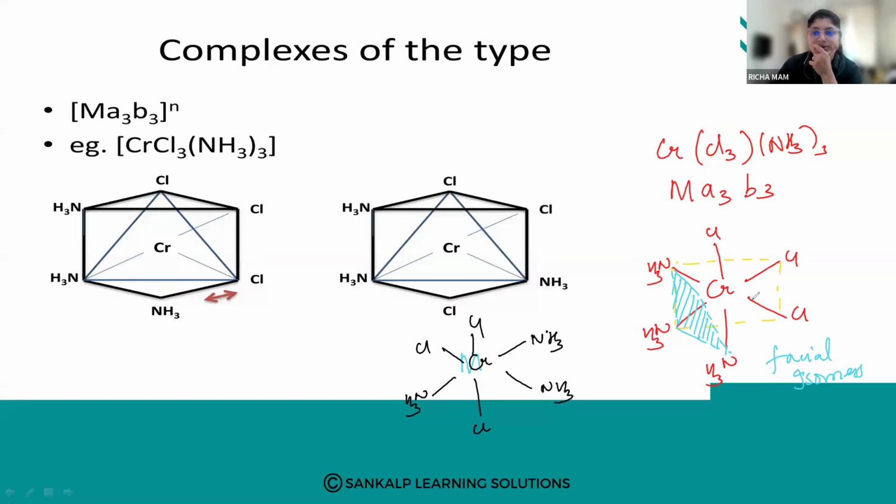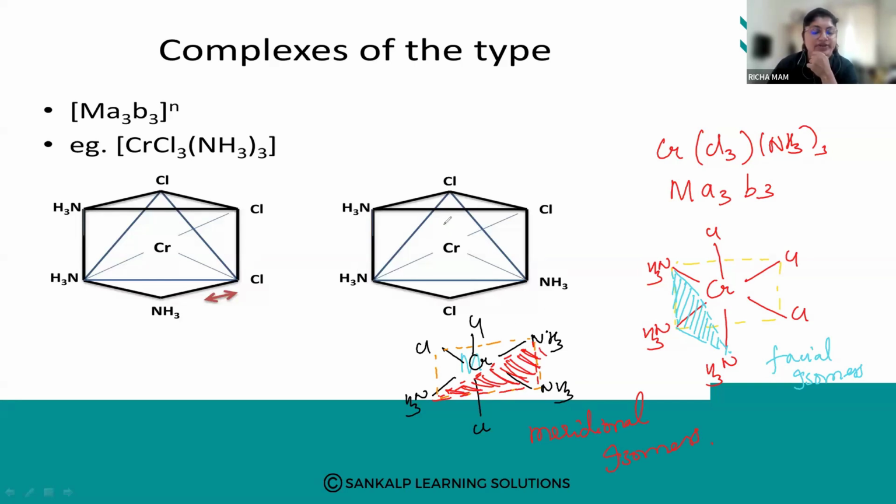Here you can see they are occupying the meridional position. So these are meridional isomers. They are occupying the meridional position. So these are the meridional isomers. Okay, fine. So this is about your geometrical isomers.